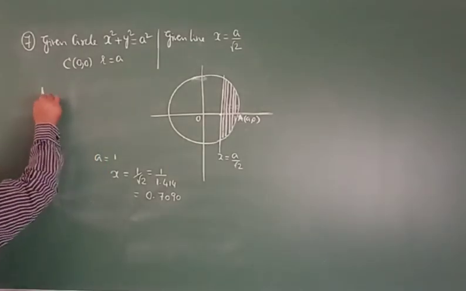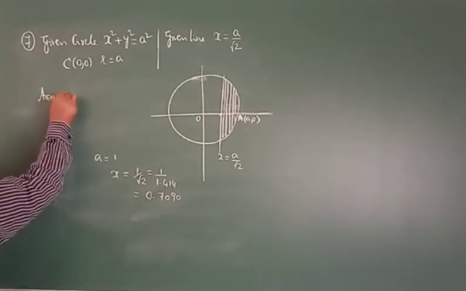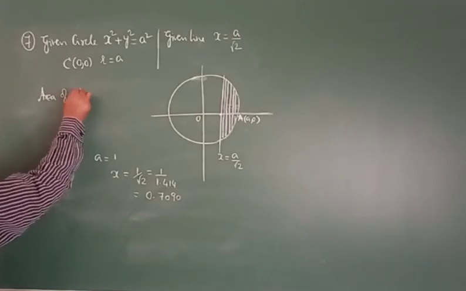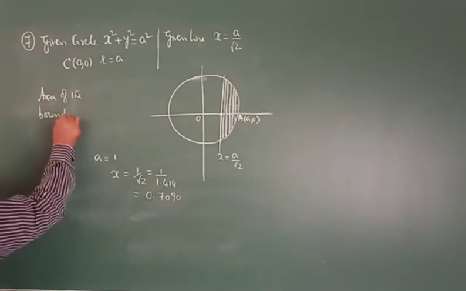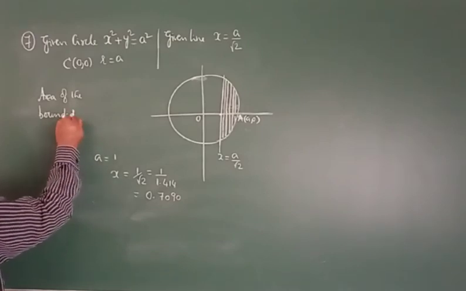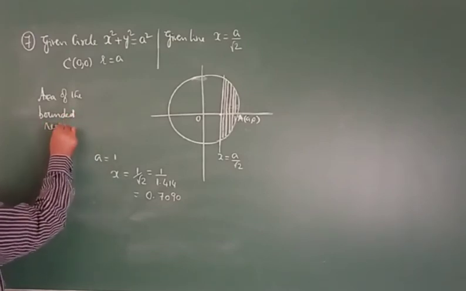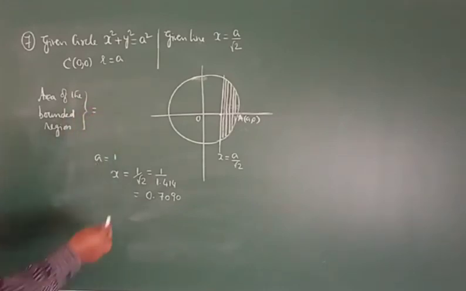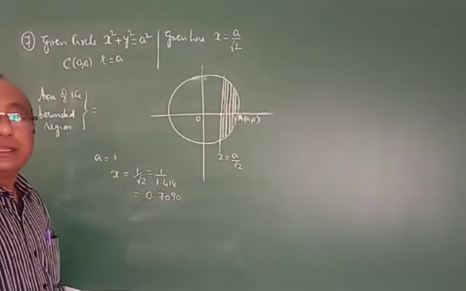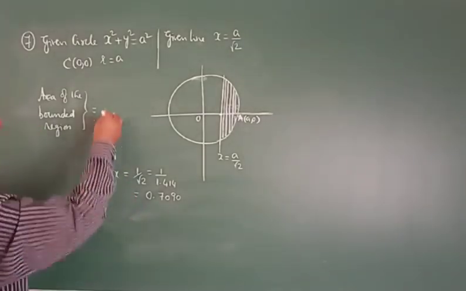Right, area is equal to the area of the bounded region. Write down, everyone. I will take the vertical strips because the x value is given, x is equal to a by root 2.